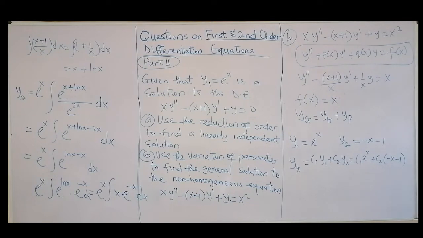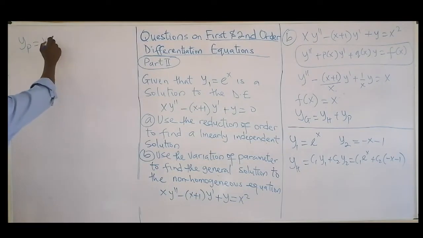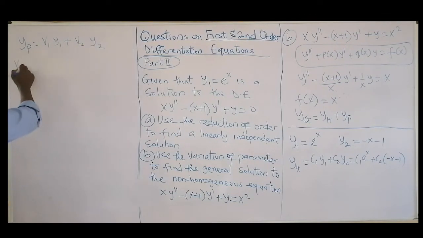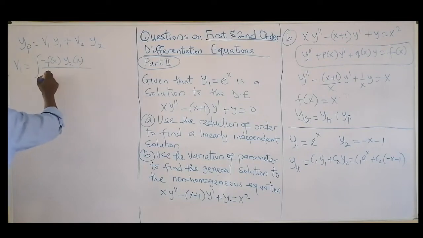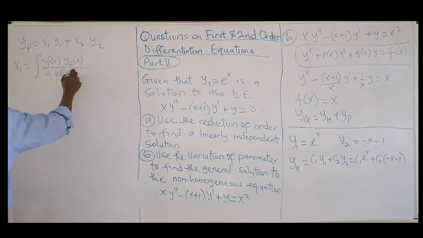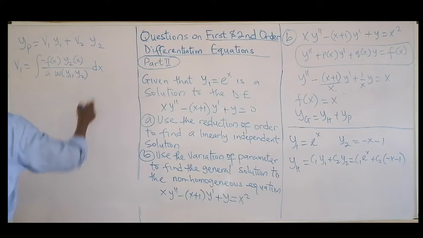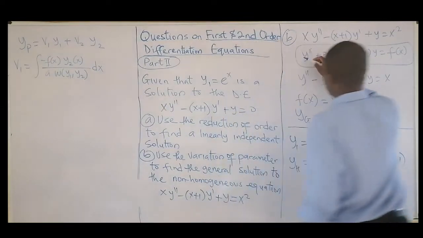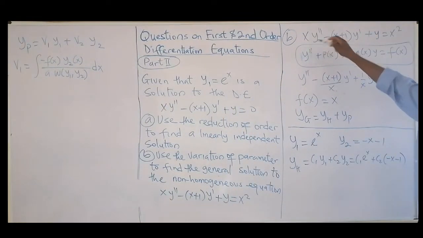The variation of parameters is v1 y1 plus v2 y2, where v1 is equal to the integral of minus f(x) y2(x) over a times the Wronskian of the linearly independent solutions y1, y2, dx. So what do we do now? You can see the a is just the attachment to your second differential, which is 1. There's nothing there, so that one is 1.